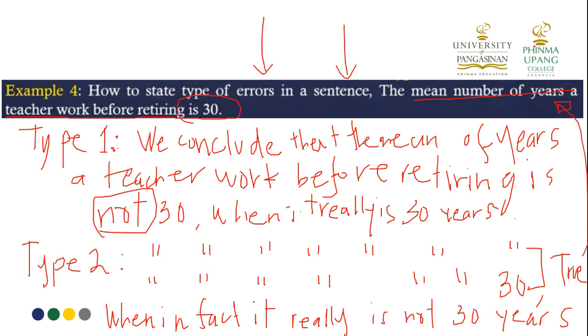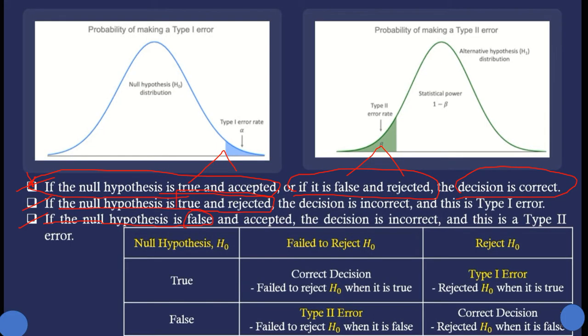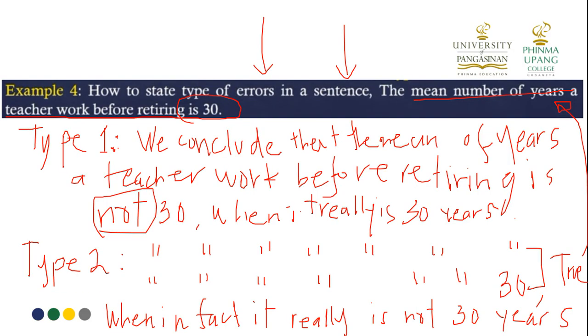Yun yung nasa base. Kasi ang sabi sa type 2 error natin, if the null hypothesis is true and reject mo, that is type 1. If the null hypothesis is false and accepted, then the decision is incorrect, which is type 2 error.